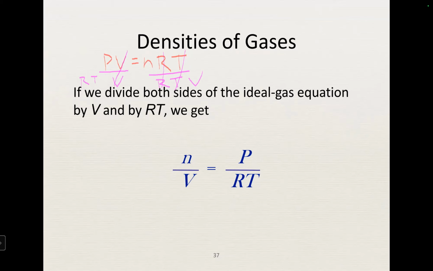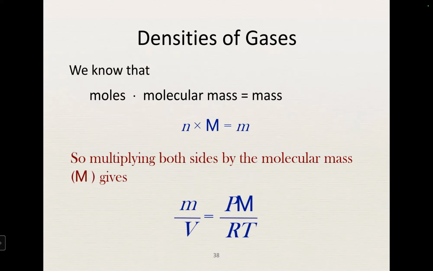And then we can further kind of manipulate this by thinking about what moles is. So moles is going to be the mass of that sample divided by the molar mass, or the molecular mass as it says here. So we can rearrange that.